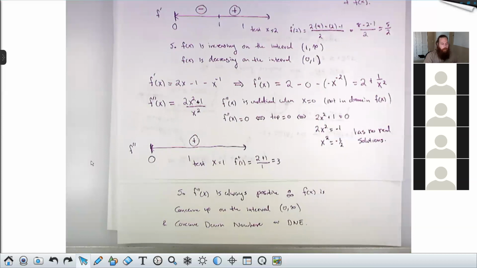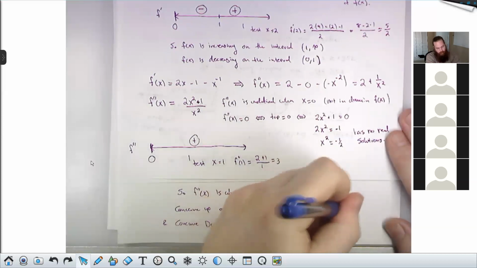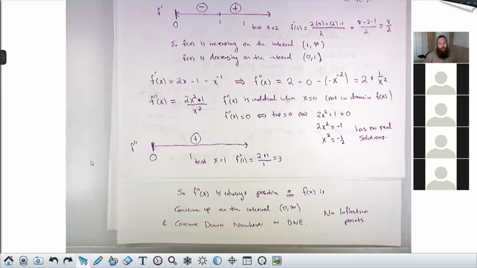And as a consequence, we have no inflection points. There's no place where you go from being concave up to concave down, or from concave down to concave up.